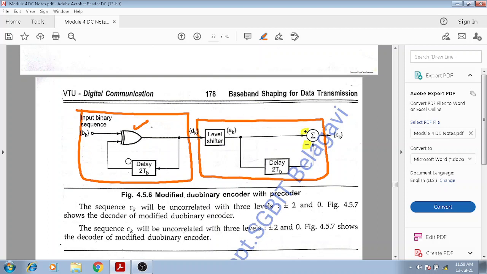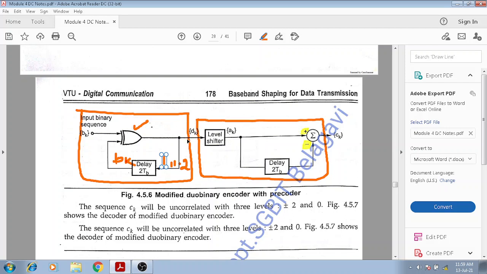DK is equal to, here the input is BK, and since there is a 2 TB delay, it is BK minus 2. So your differential encoded or precoded sequence DK is equal to BK XOR BK minus 2. So DK is equal to BK XOR BK minus 2.